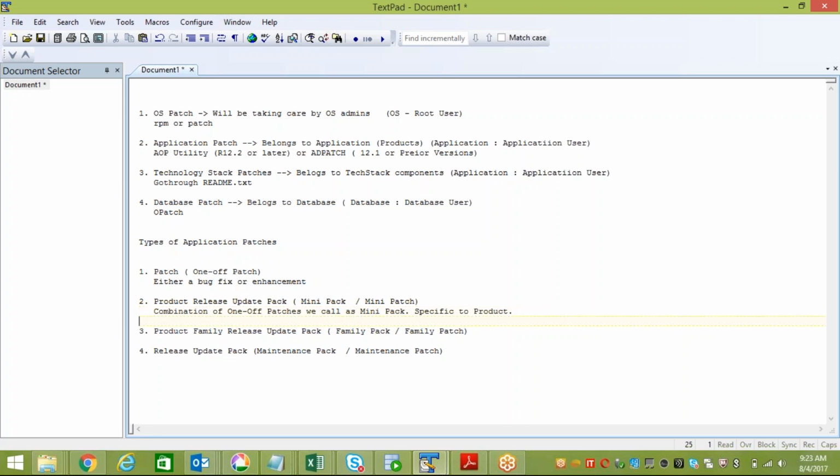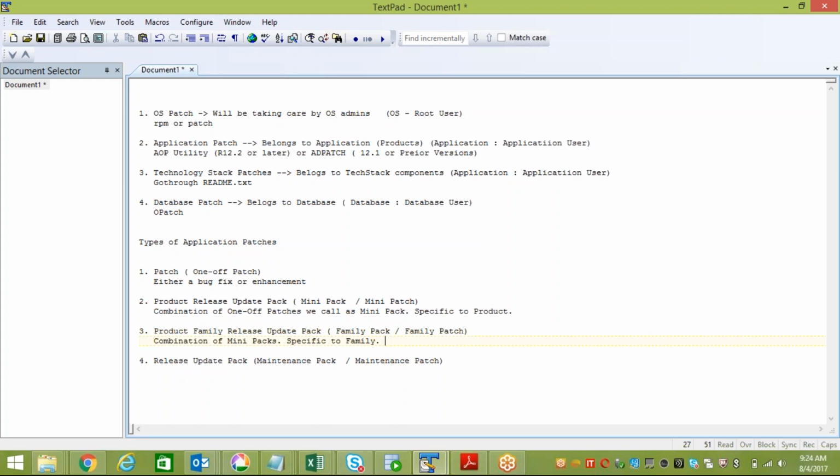Next, family. This is a combination of mini packs and is specific to a family. Basically, under financial some products will be there, under manufacturing some products will be there, and under payroll some products will be there. Financial is one family, manufacturing is one family, and payroll is one family.